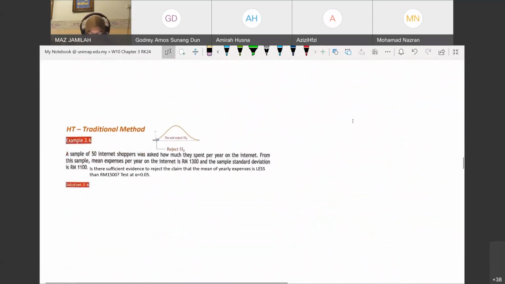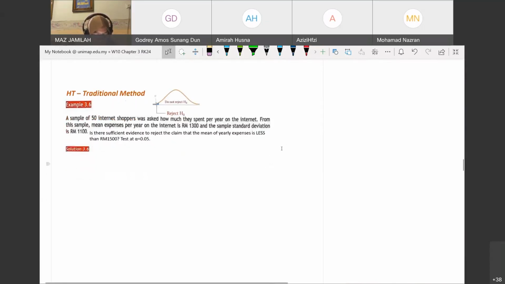Now, let's say I amend the question a bit, since I need to show you how you can deal with a two-tailed test and how it becomes a one-tailed test. I'm using the same question and changing it into a one-tailed test, for example a left-tailed test.